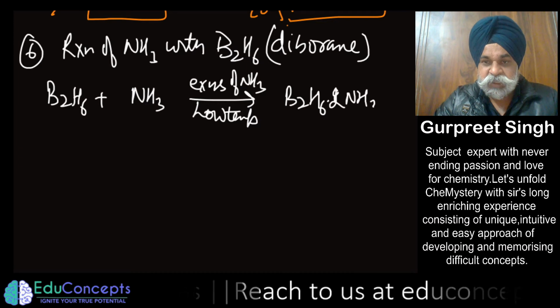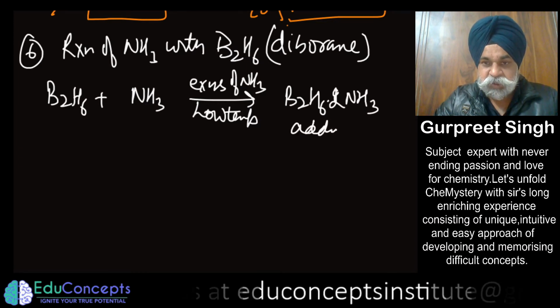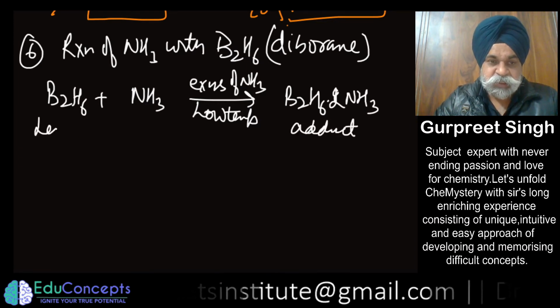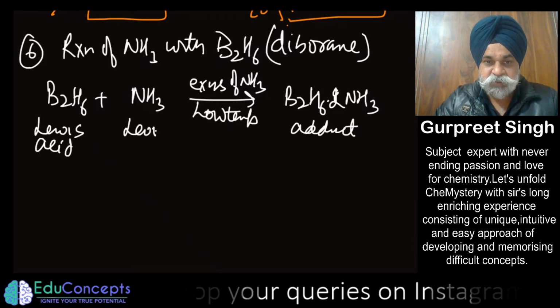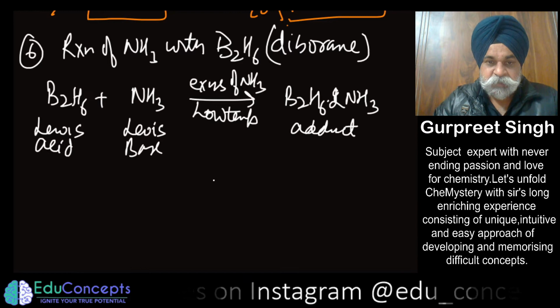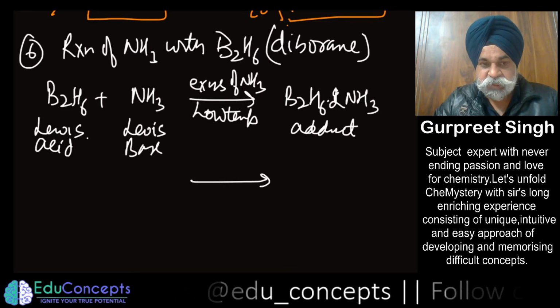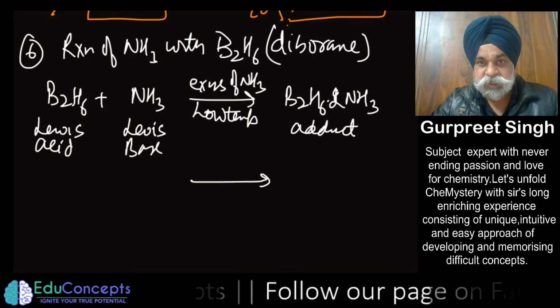This sort of adduct is formed because diborane is a Lewis acid, it is electron deficient, and ammonia is electron rich, a Lewis base.